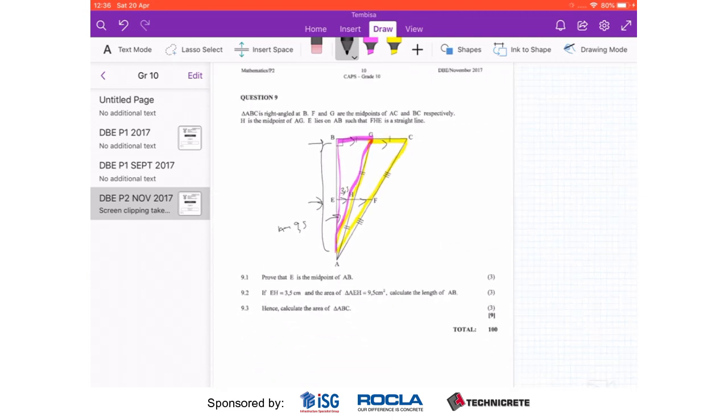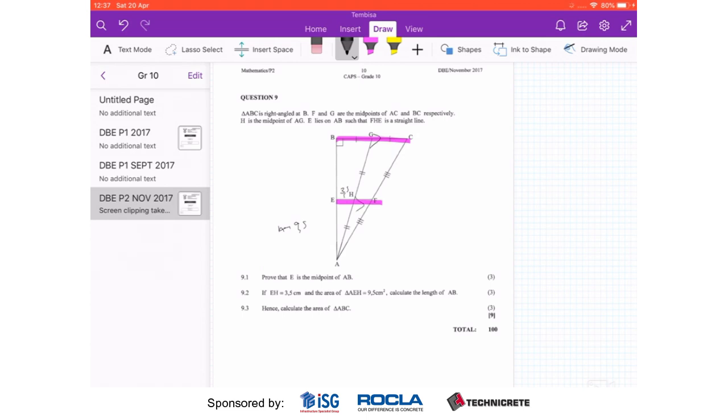Okay, so we have to make use of the rules. Okay, so we know that AEH is 90 because this is parallel and this is parallel. So I'm going to erase everything and rewrite it later. So we've said that this line is parallel to this line. That is a very important point.